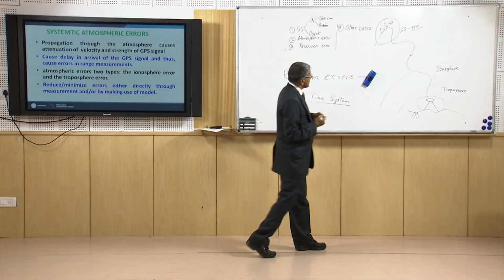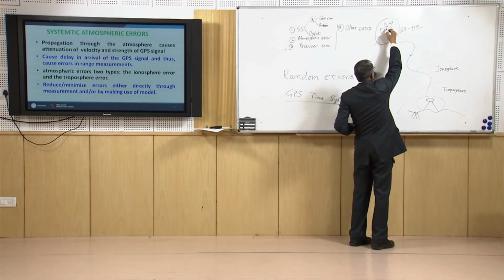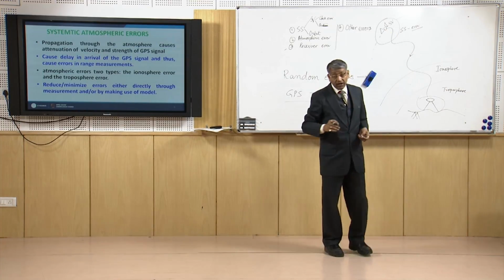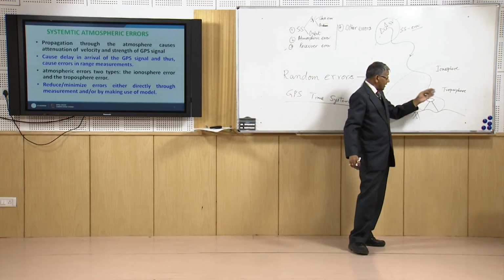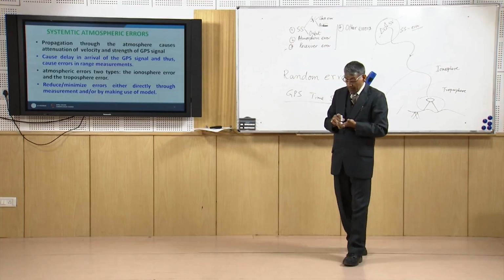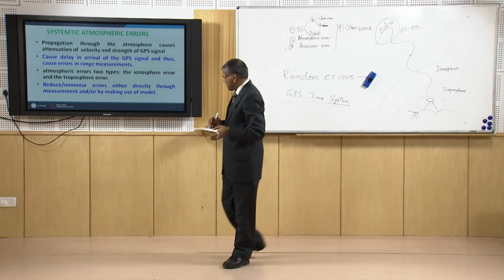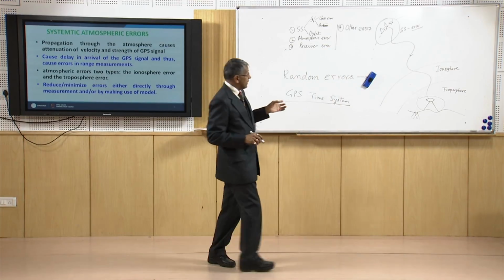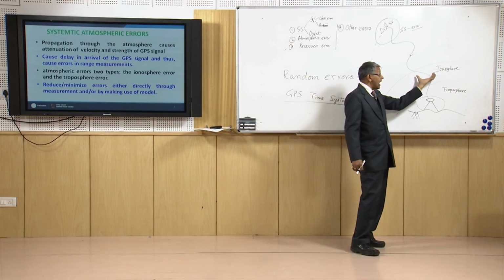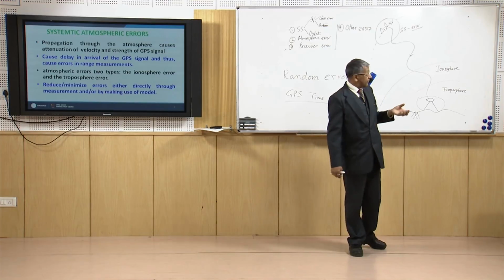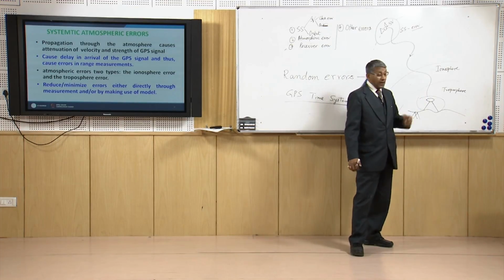Then the signal, as it comes out from the satellite vehicle, will transmit through the atmosphere and reach the receiver, but while it comes, it will interact with the ionosphere as well as with the troposphere.